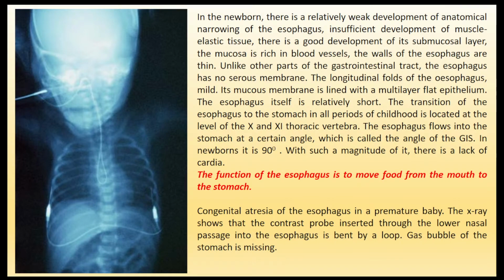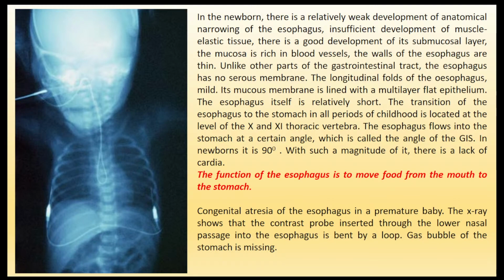The walls of esophagus are thin. Unlike other parts of gastrointestinal tract, the esophagus has no serous membrane. The longitudinal folds of the esophagus are mild. Its mucous membrane is lined with a multilayer flat epithelium. The esophagus itself is relatively short.